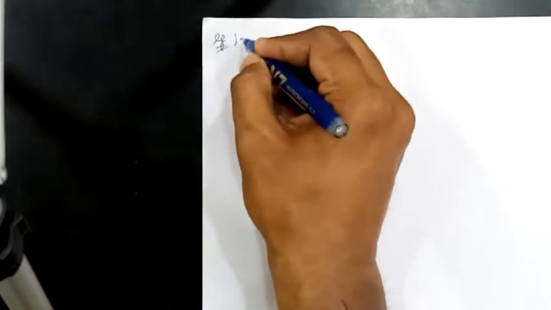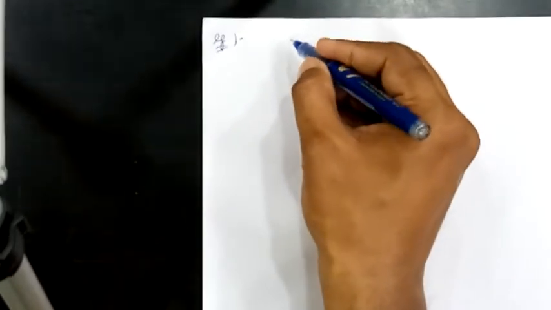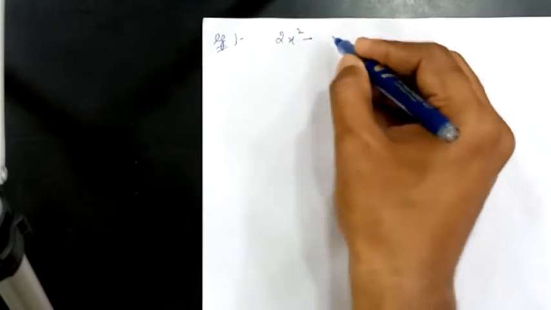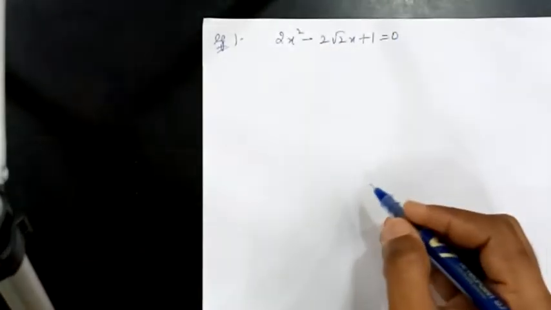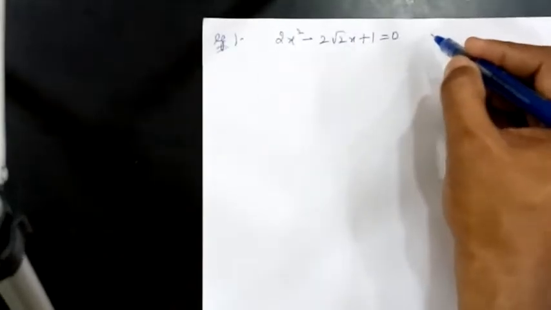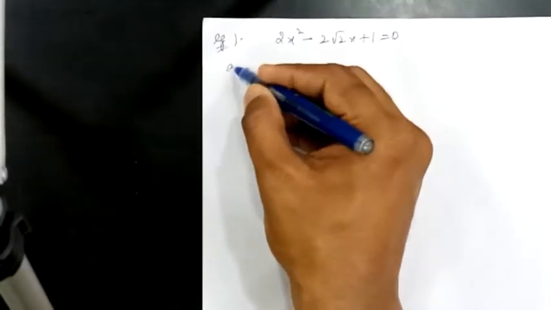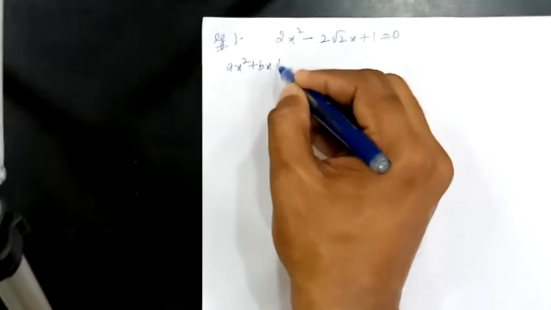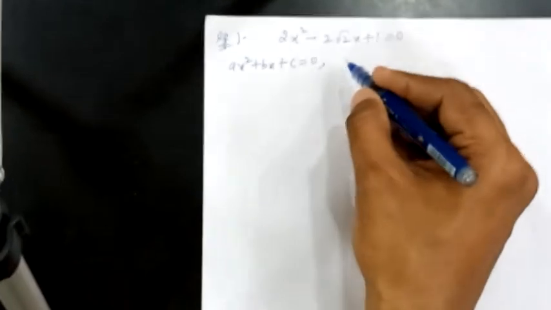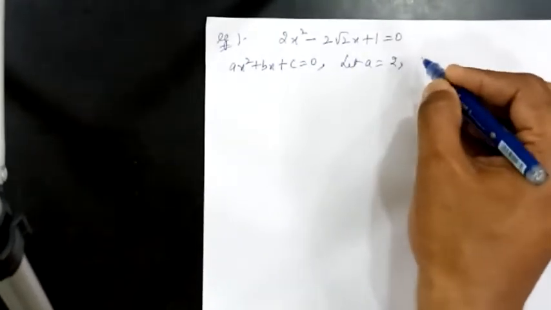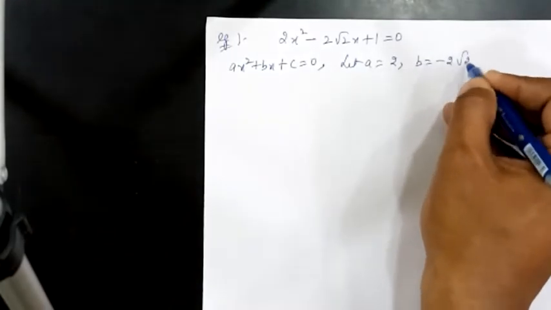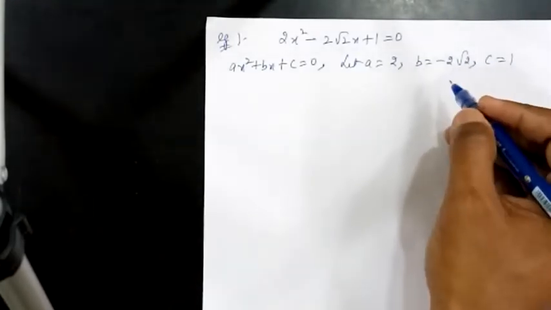Just see, there is another example. Let us suppose this is the example: 2x square minus 2 root 2x plus 1 equal to 0. If our equation is ax square plus bx plus c equal to 0, then let us suppose a is 2 here, b is minus 2 root 2, c is equal to 1.